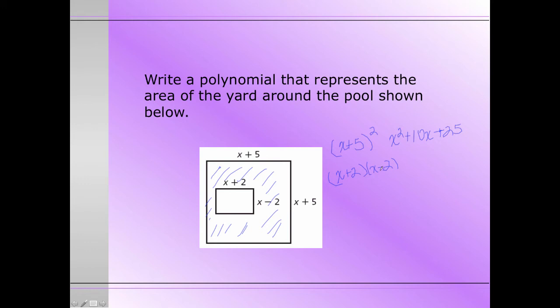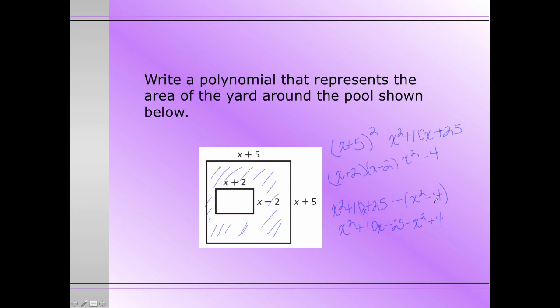So of course my middle term will drop out, leaving me my x squared minus 4. And then I'm going to use my properties that I learned with adding and subtracting polynomials. I've got x squared plus 10x plus 25, and I'm subtracting from it this smaller rectangle of x squared minus 4. So go ahead, pause the video really quickly and come up with your final polynomial.